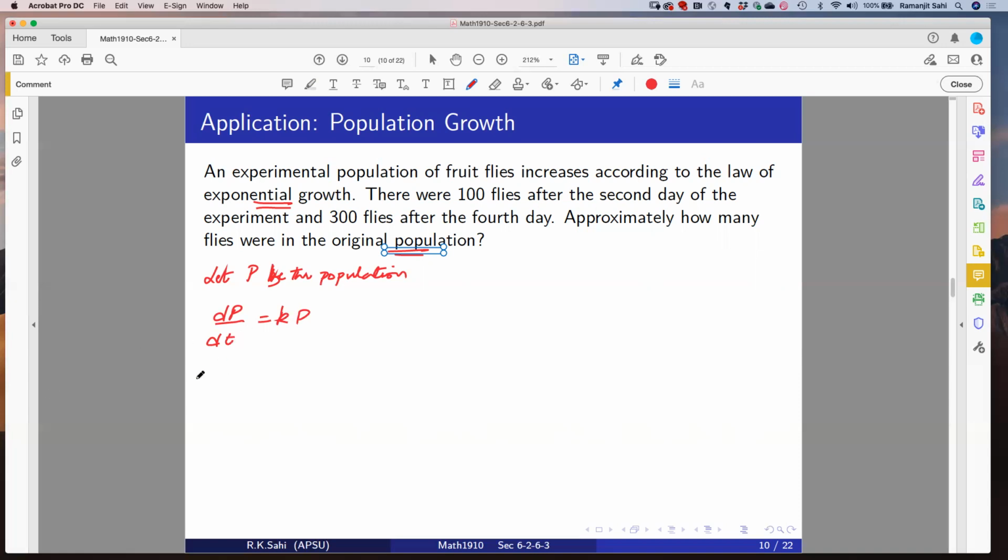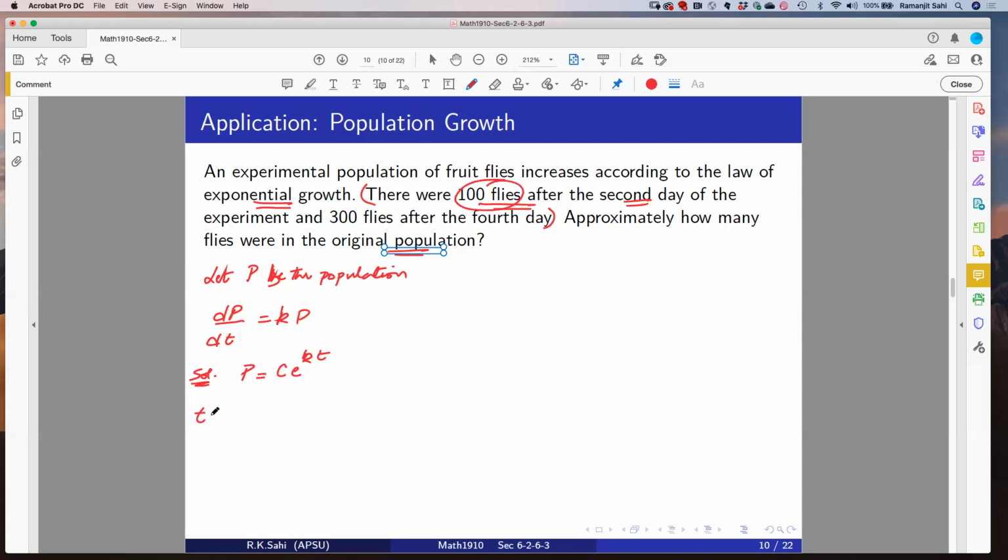Okay, so what is the solution? We already know the solution for this one is P equals a constant, say C, e to the power kt. Remember P represents the population. Now, what is the information? The second line tells us that after the second day, there are 100 flies.